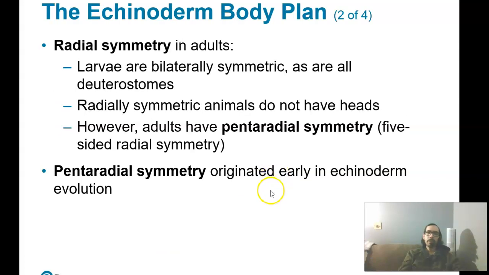Okay. So the adults do have radial body symmetry, and because the number of planes that it divides into is five, it's also called penta radial symmetry. And the penta radial body symmetry originated early in echinoderm evolution.